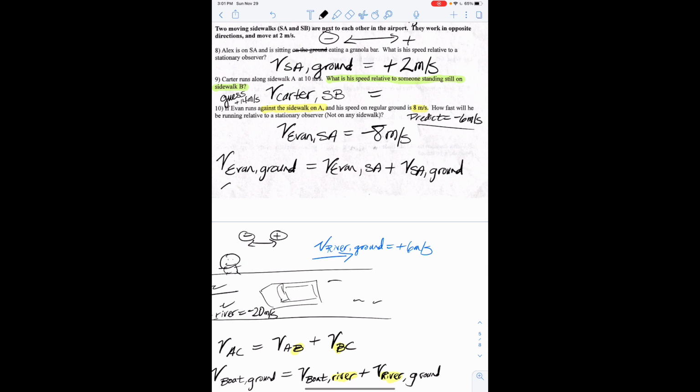All right, so V Evan relative to the ground is equal to V Evan relative to sidewalk A, which is that -8 meters per second, plus, sidewalk A relative to the ground moves at that +2. So we end up getting a -6 meters per second.